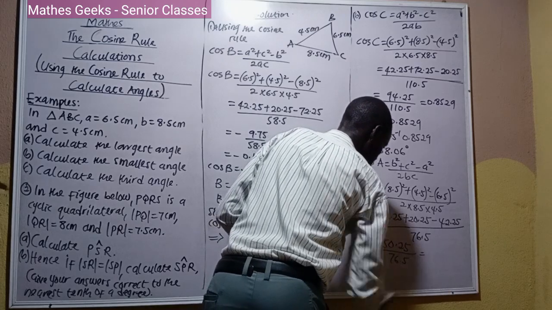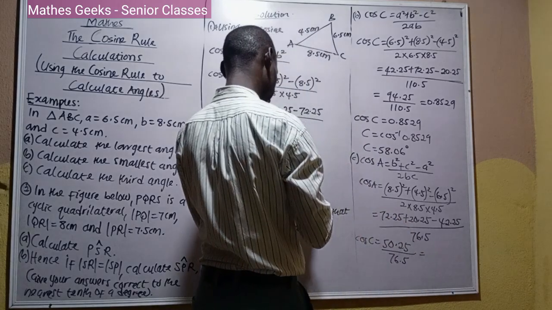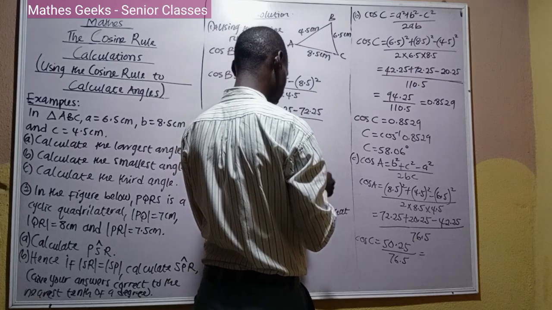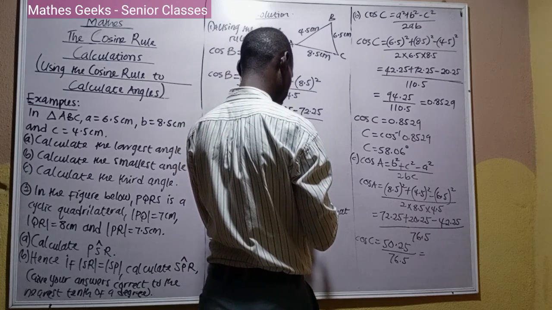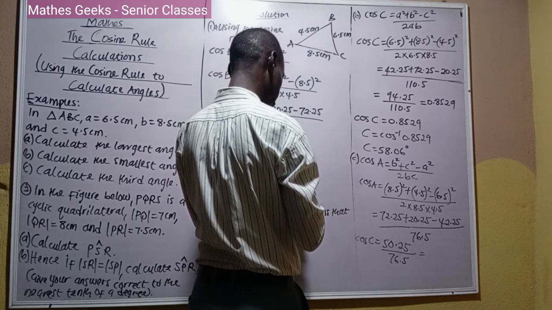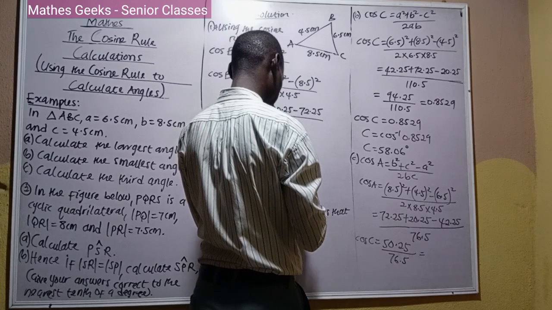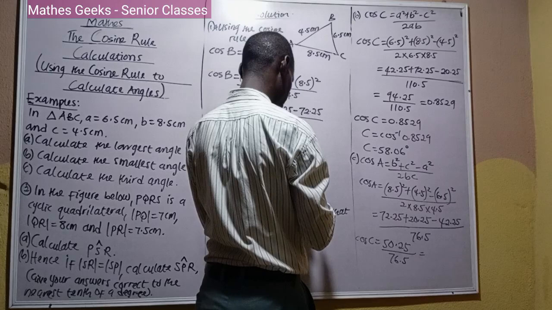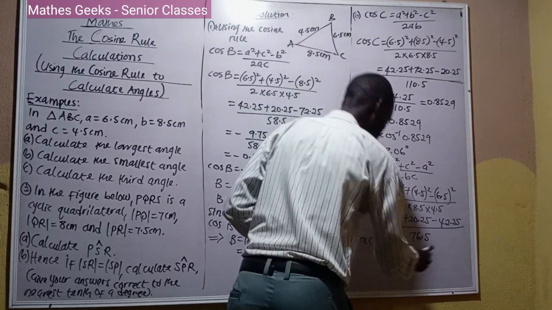This will give me 50.25 divided by 76.5, 0.6569.